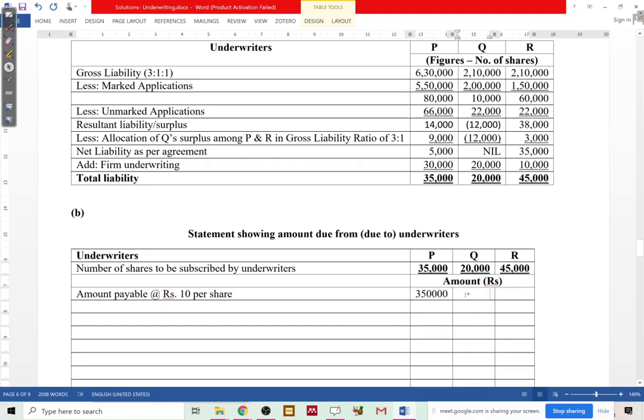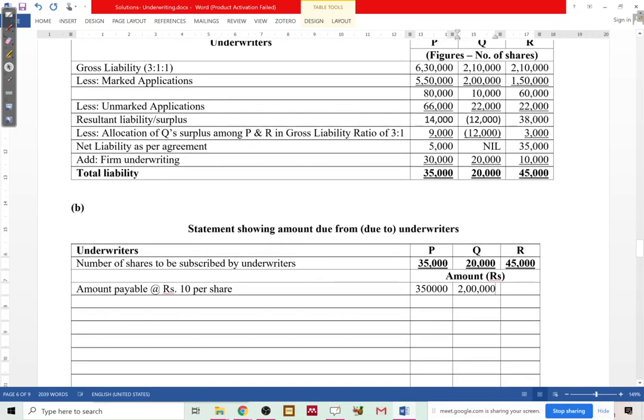Then we have the next one, 20,000 is the number of shares Q is going to take. If he is taking 20,000 shares at rupees 10, he will pay 2 lakh. Am I right? You're just multiplying their liability with the price of the share which is given here.